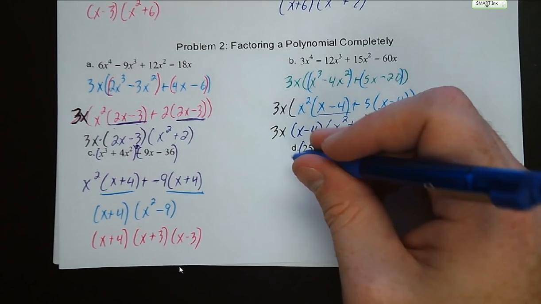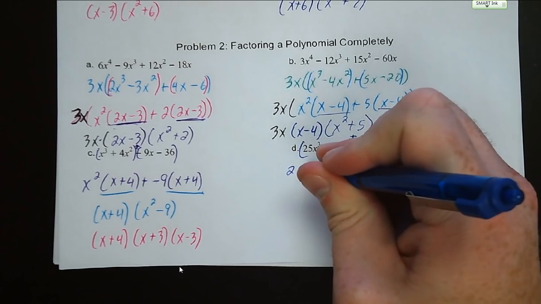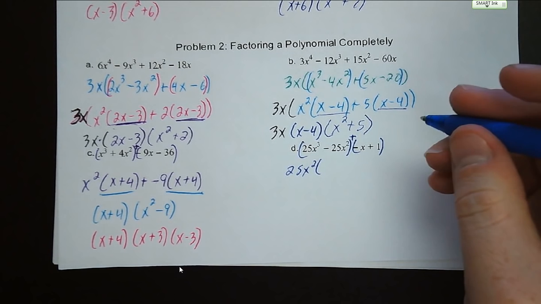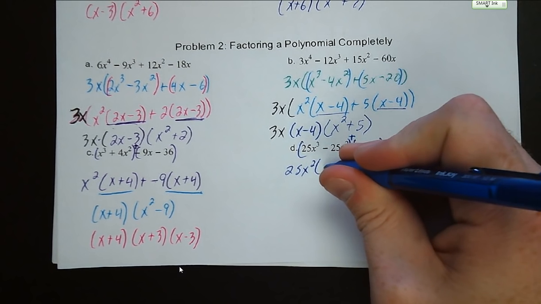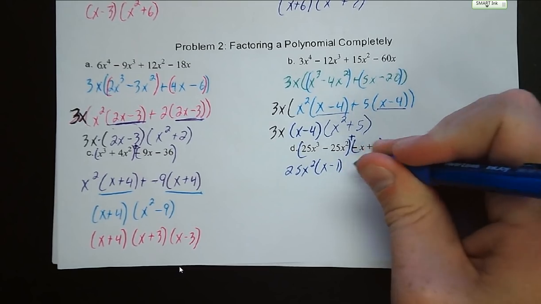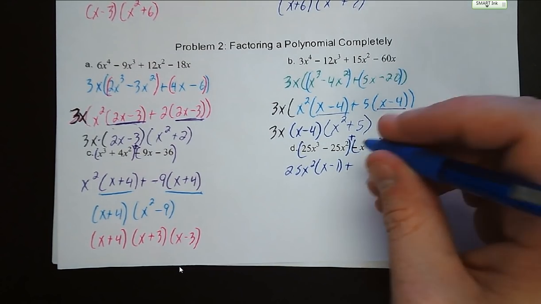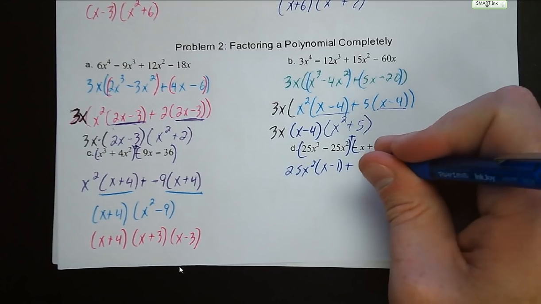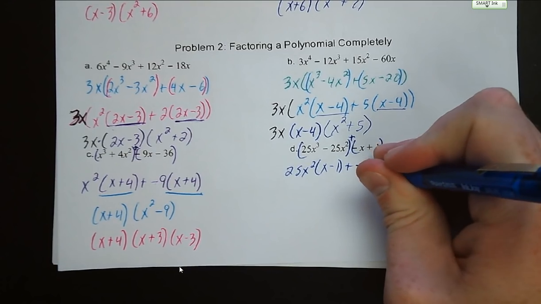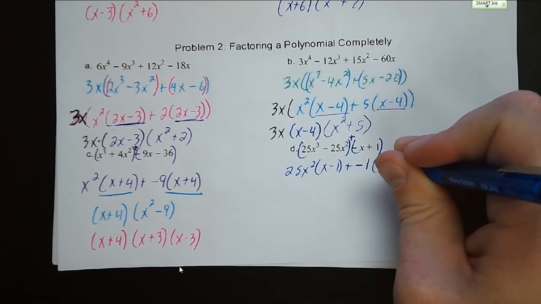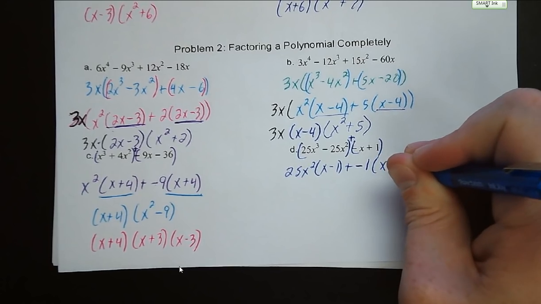I can bring out a 25x squared, and I'm left with x minus 1. Plus, well, I got negative x and positive 1. I can bring out a negative 1, and I'm left with x minus 1.